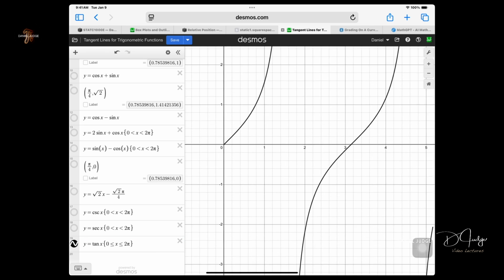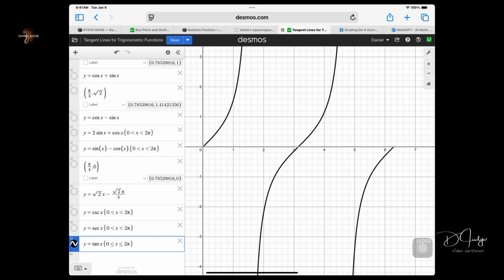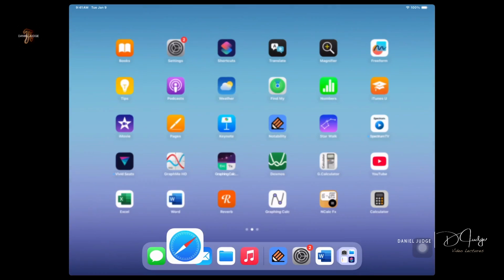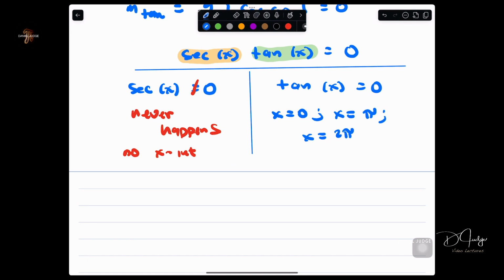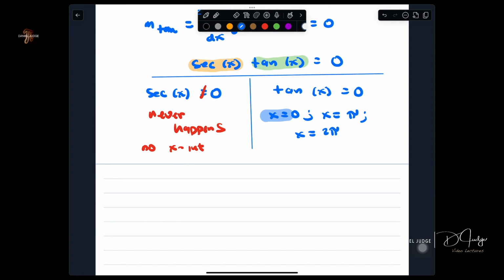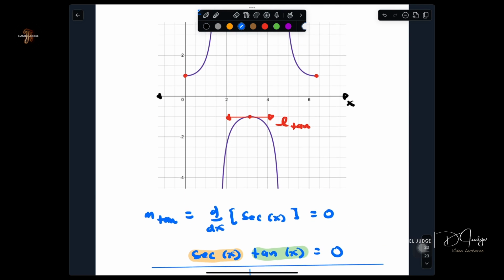They're really intercepts at 0, pi, and at 2 pi. So sure enough, this is where your tangent curve over that interval from 0 to 2 pi is equal to 0, really the x-intercepts. So we were correct here with our 3 solutions here.